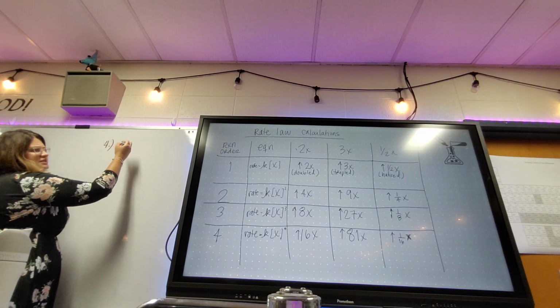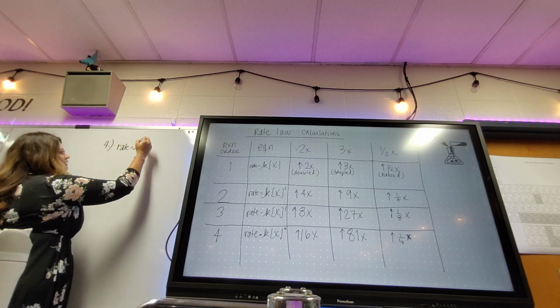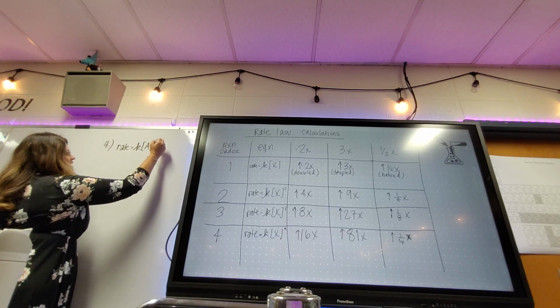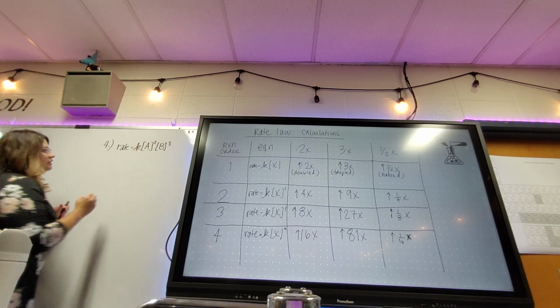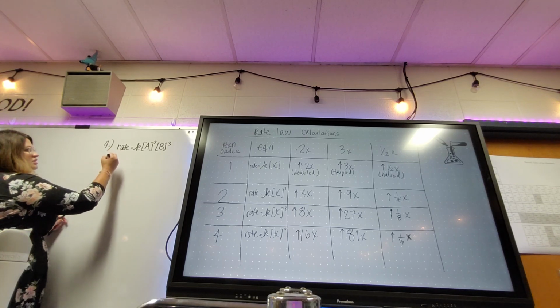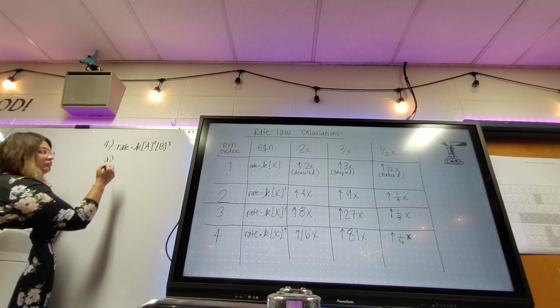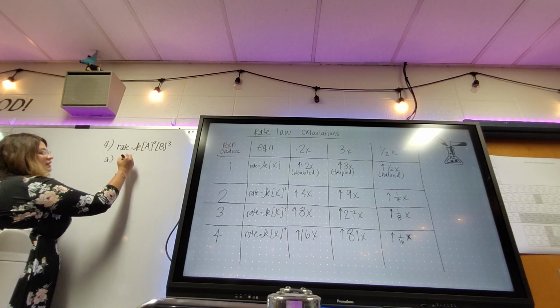A to the second and then B to the third. Perfect, thank you. Okay, so part A wants you to manipulate which of the reactants? A. And what are we doing with it? Double.